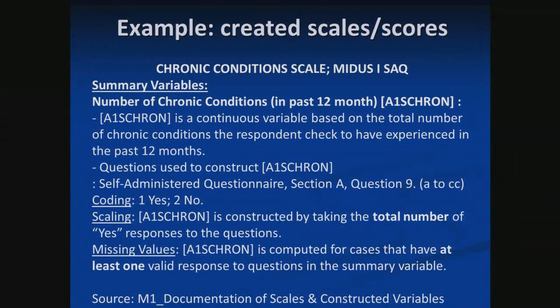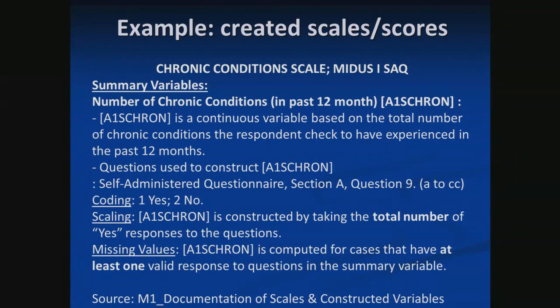Okay, this is very dense, but I wanted to give you an example of creating scales and scores. So we wanted to look at comorbidity in MIDAS. Let's say you want to look at that. MIDAS has all this great documentation, and they already have a score for the number of chronic conditions in the past 12 months. But I want to know how it was created before I decide to use it.